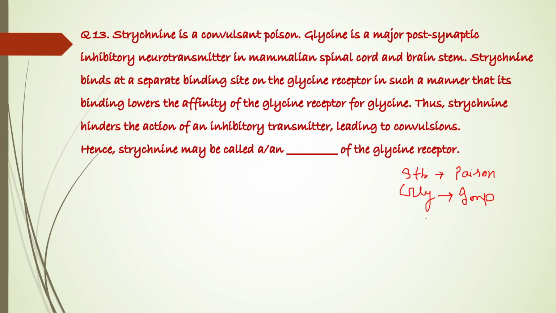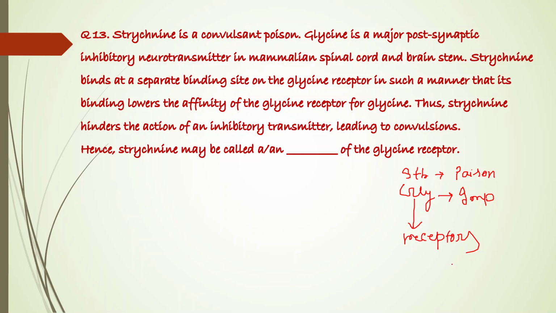First of all, if glycine is very important, then glycine needs to bind somewhere. Then that means glycine will have some receptors in our body where glycine molecules can go and attach, right? So glycine should have some receptor molecules. Same like enzyme substrate complexes, same thing.